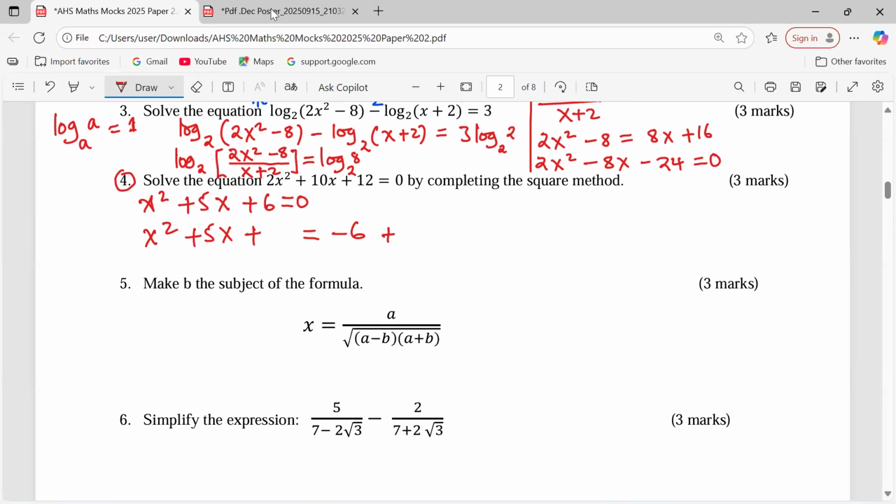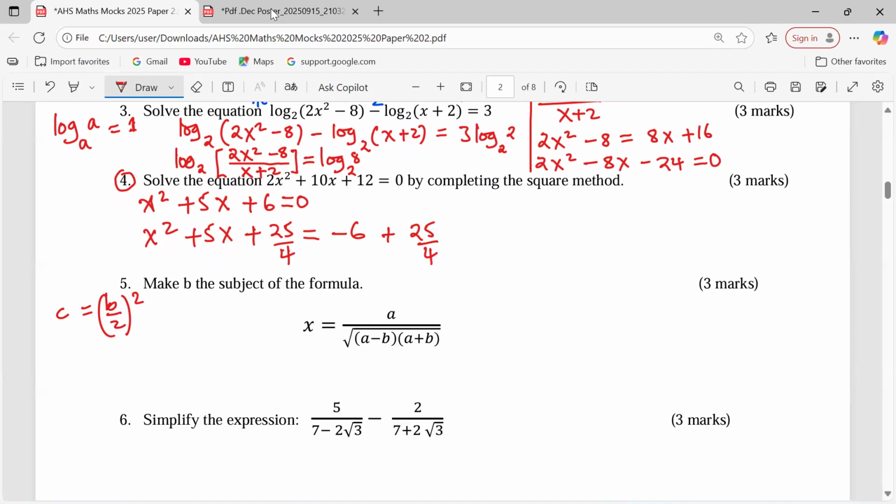So how do you ensure that? The constant is related to the other terms in such a way that b over 2 squared gives us that particular constant. So b is 5. 5 over 2 squared gives us 25 over 4. Then we also add 25 over 4 on this side.